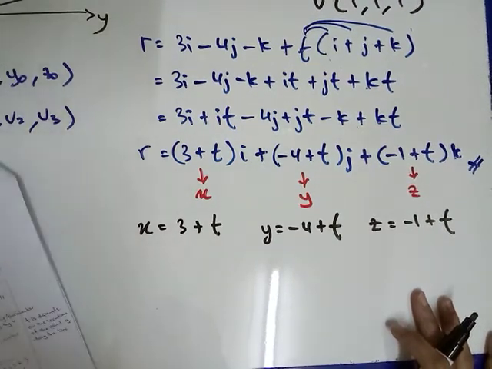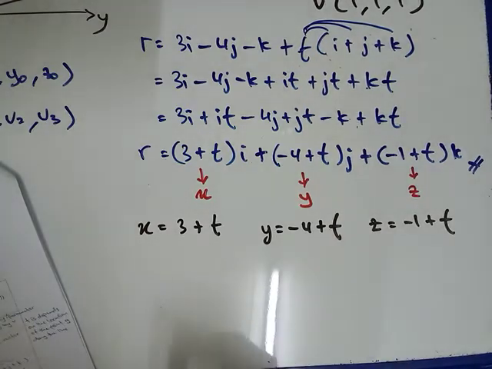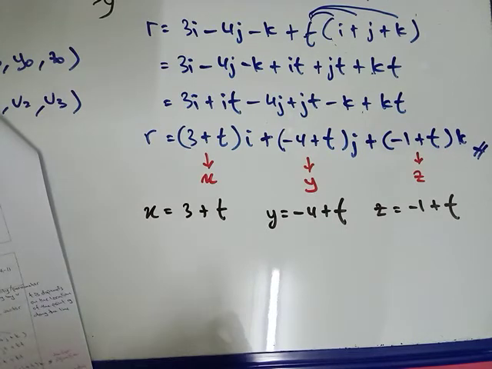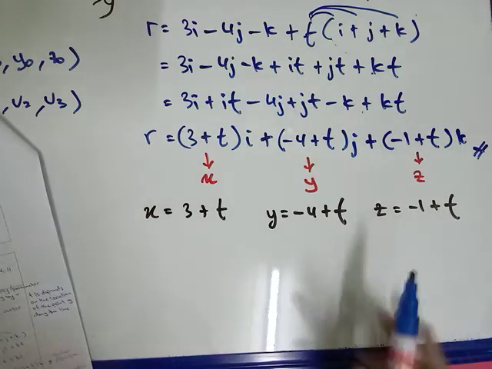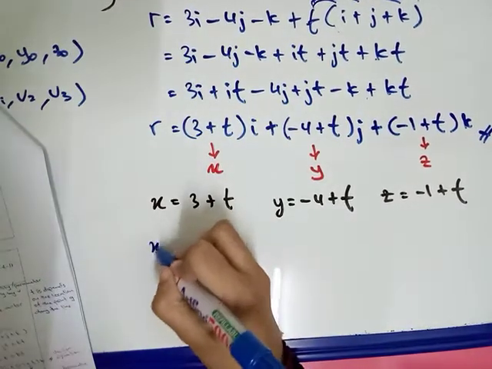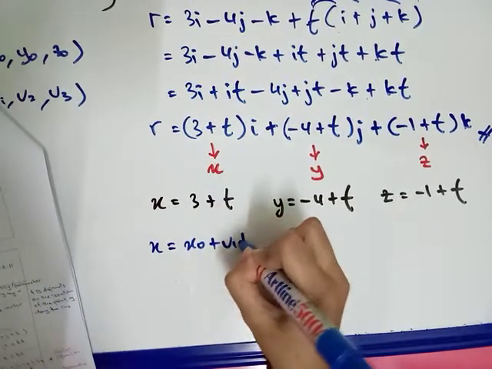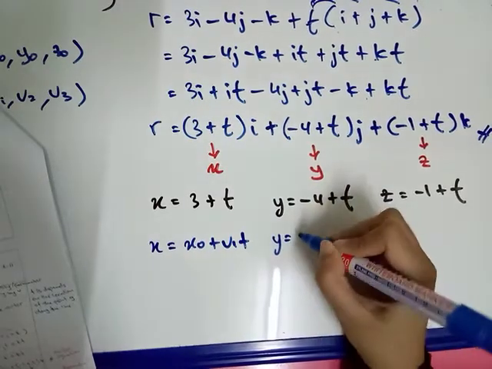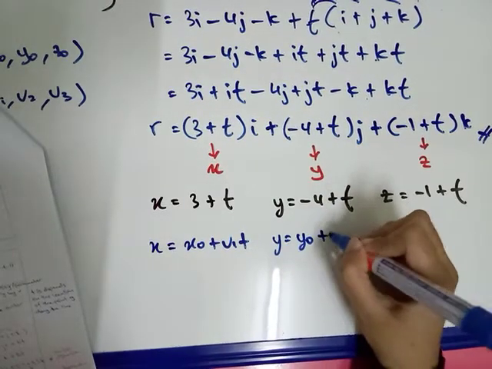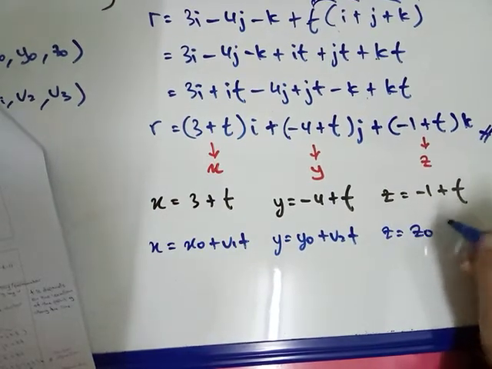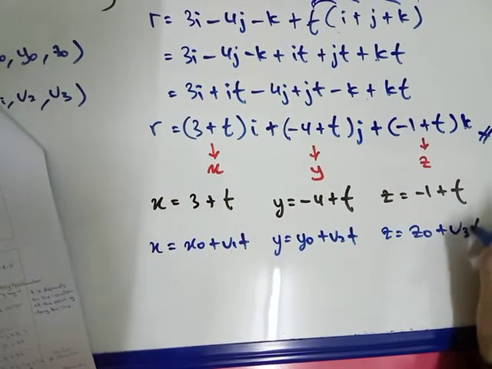Okay, so kalau tengok pada general form for parametric equation, it will be like this. x equal x naught plus v1t, y is equal y naught plus v2t, and then z is equal z naught plus v3t.